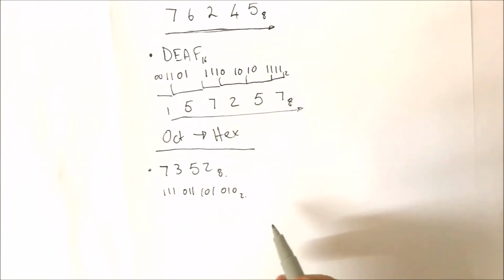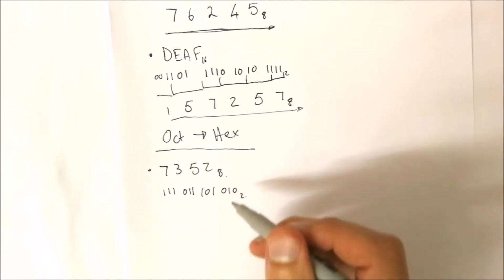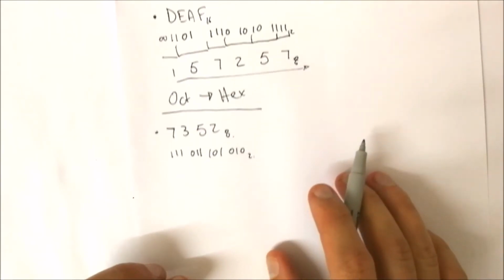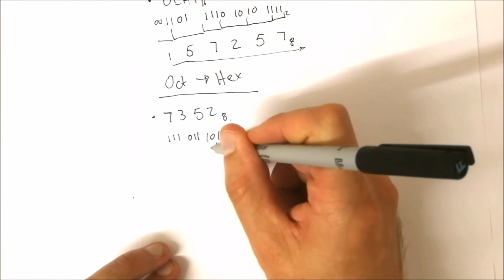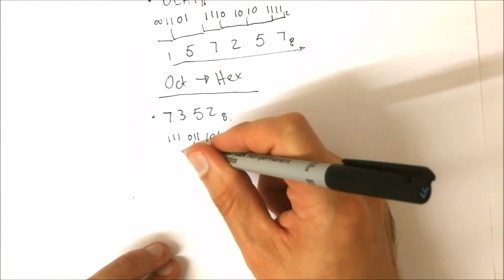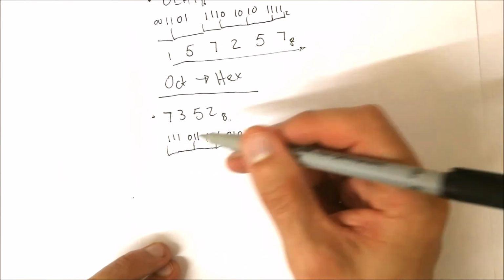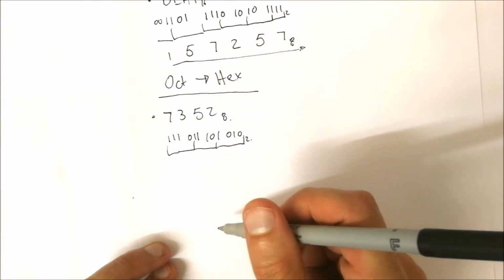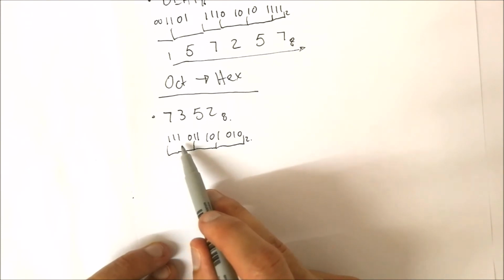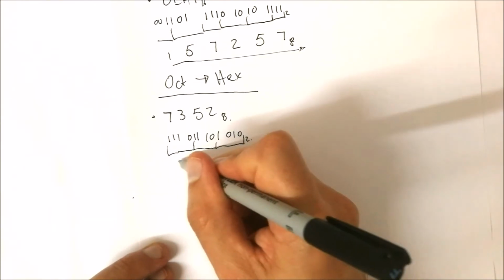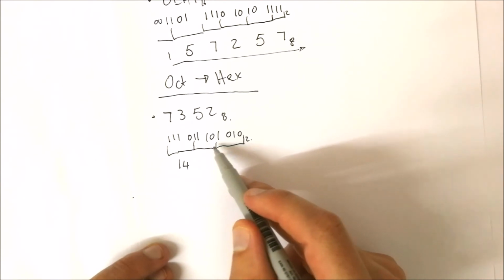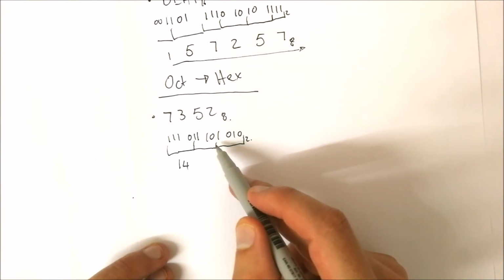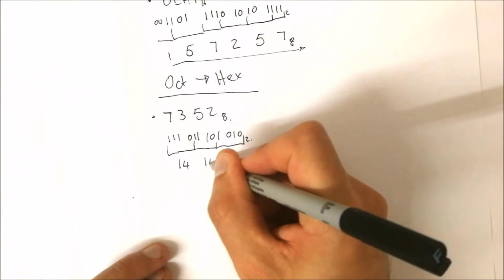Now we're going to break this up into bits of 4 from the right hand side. So it's 1 2 3 4, 1 2 3 4, 1 2 3 4. 1110, what's that equal to? 14. 1110, it's again 14.